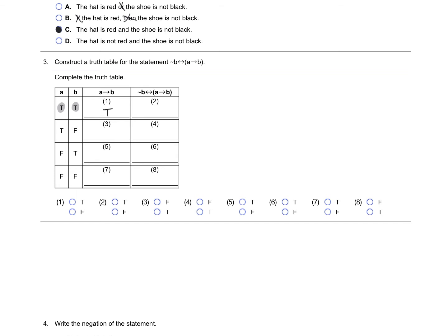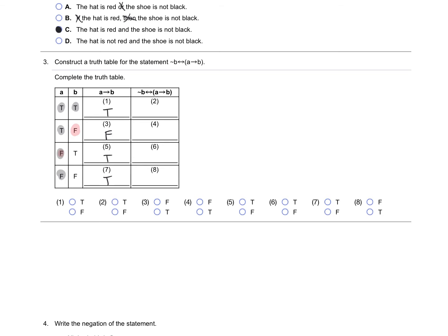On the second one, we start with a true, but we end with a false. If you start with a true and end with a false, that's when you get a false statement. Anytime you start with a false, it's always true. Whoops, I am messing this up. Let's try again. Anytime you start with a false, you always get a true when you're doing this conditional.